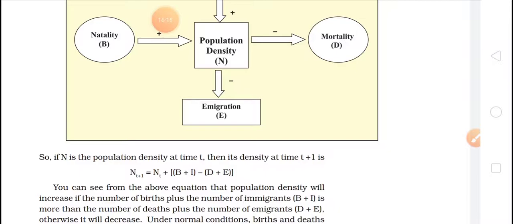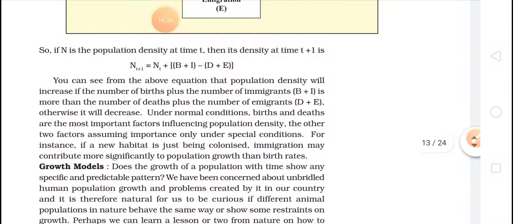So if we are calculating it, all these things should be kept in mind: natality, mortality, immigration and emigration. And once we calculate this, we will get the population density. Understood?